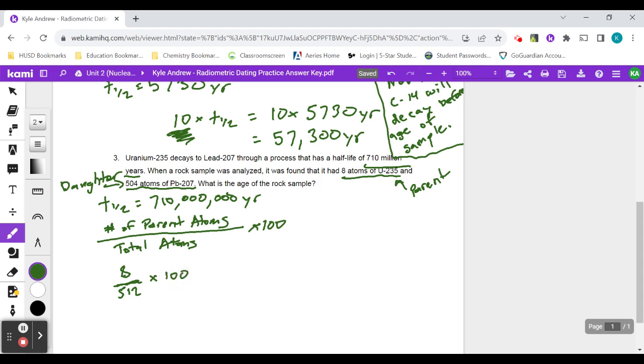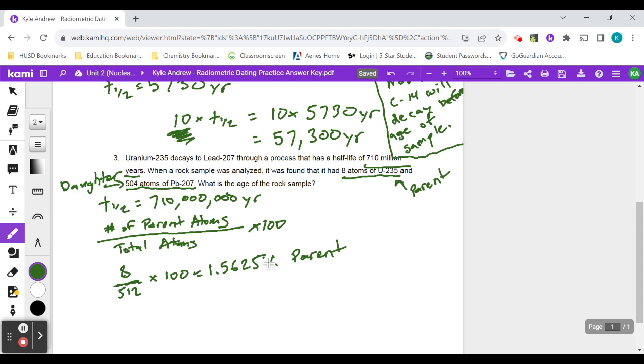We get out our handy dandy calculator. 8 divided by 512 times 100. This is 1.5625% parent.